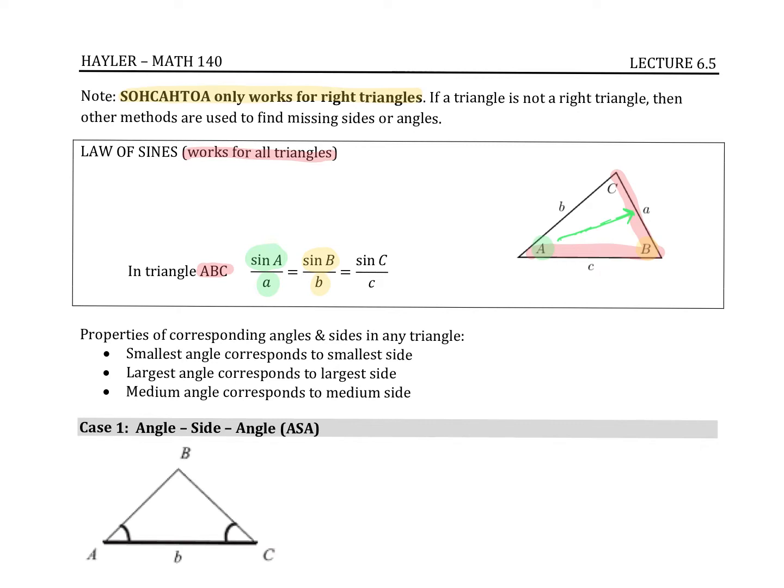Once again, that is the side directly across from the angle. And those are all equal to the ratio of sine C divided by little c. So we have these three ratios between the angle and the side directly across from it, and they are all equal to each other.